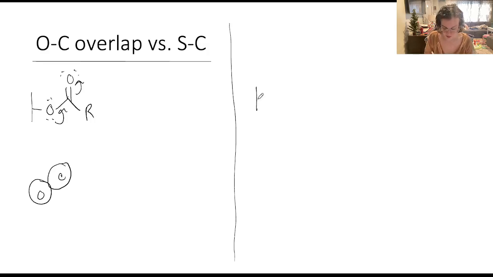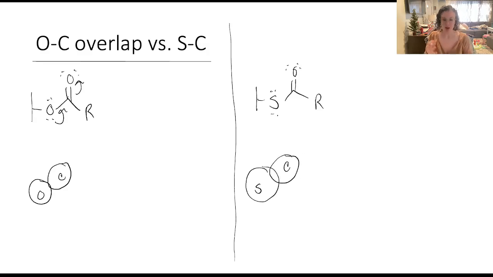Let's compare that to the thioester bond. The orbital overlap between the sulfur and the oxygen is not ideal. Sulfur is slightly bigger, right? And because the overlap is not ideal, sulfur is actually less able to resonate into the carbonyl.